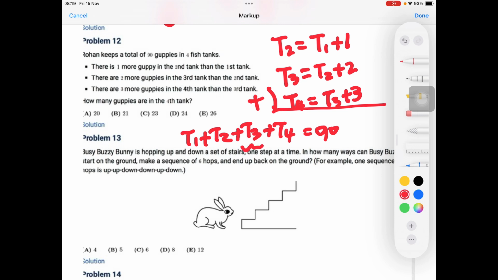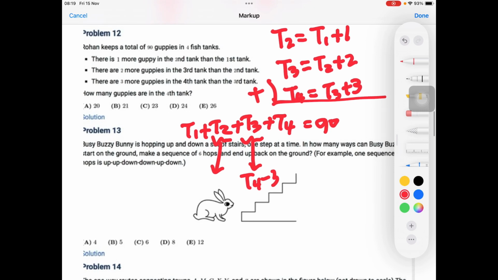So T3 is T4 minus 3. T2 is T3 minus 2, which is T4 minus 3 and minus 2, which is 5. T1 is T2 minus 1, so T1 can be T4 minus 5 minus 1, so this is minus 6.